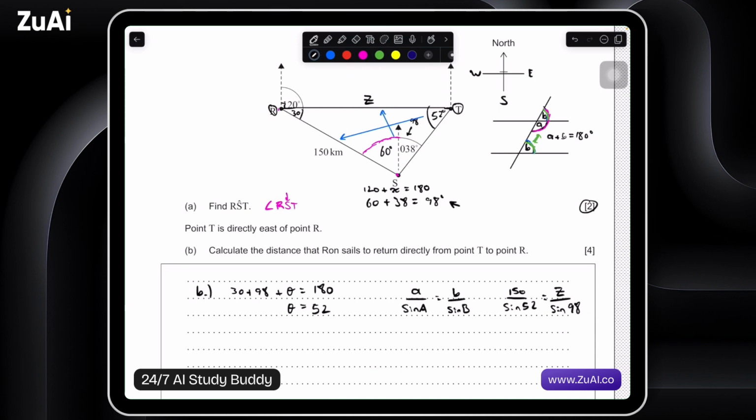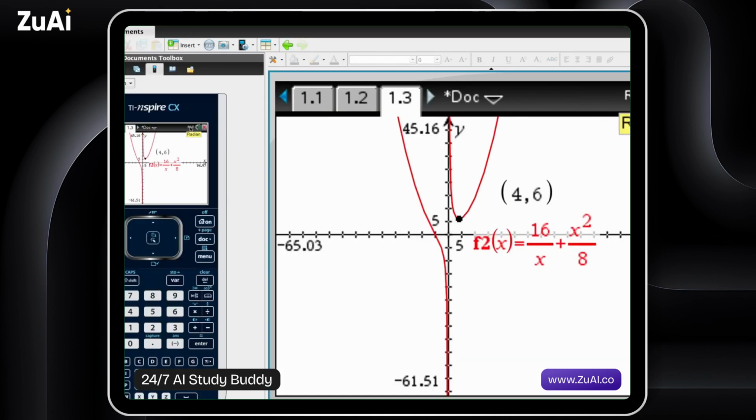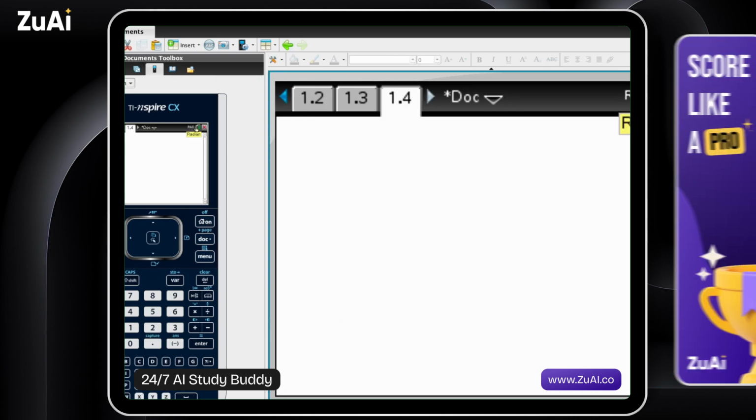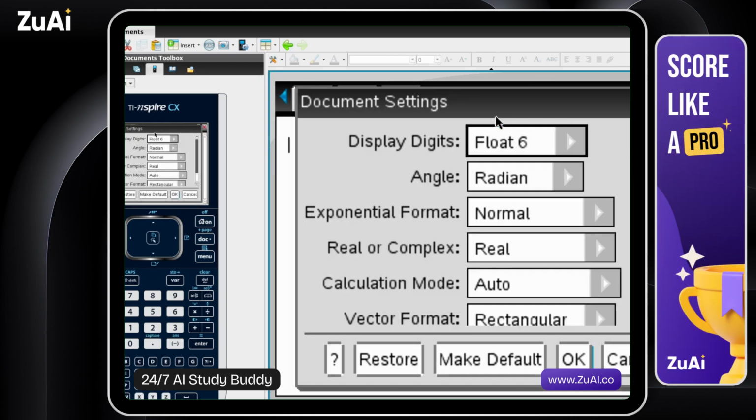And we can go ahead and solve that. Let's work it out on the calculator. It looks like I'm stuck in radians. Let's go ahead and change that to degrees.